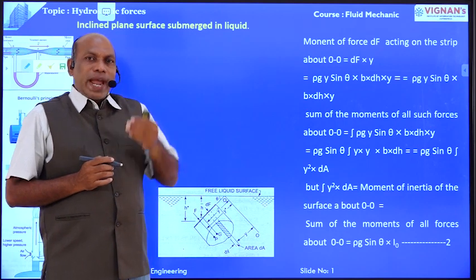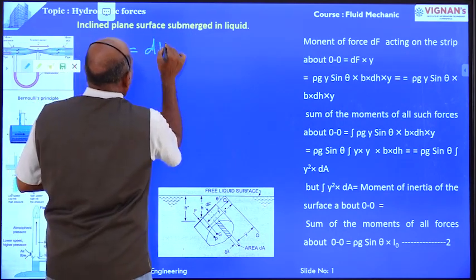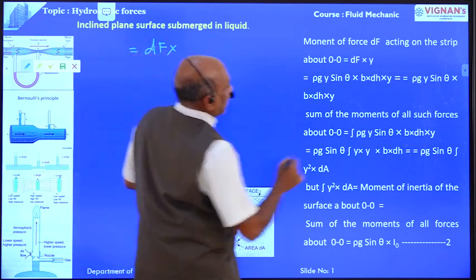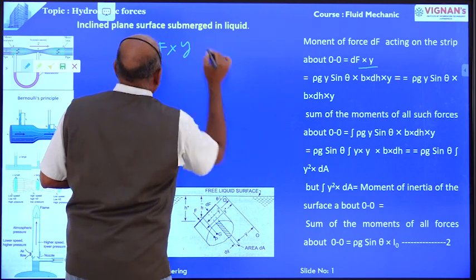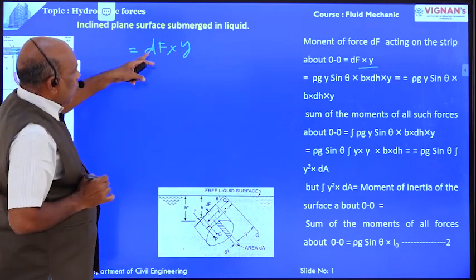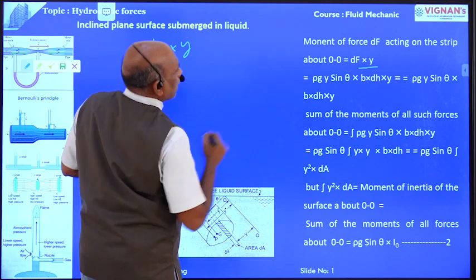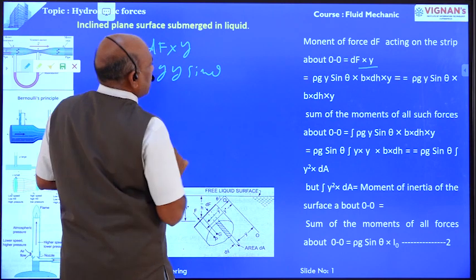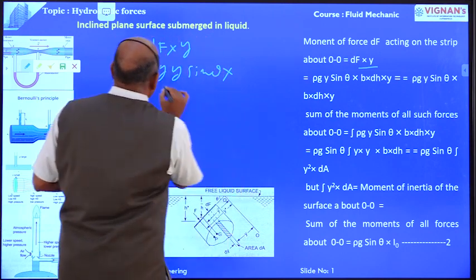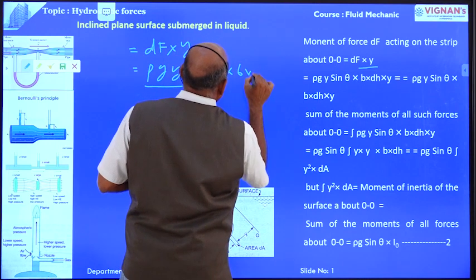The moment of the force acting on the strip is equal to dF into the distance y. I have already given the force dF, which is rho g y sin theta, the stress, into b dy.